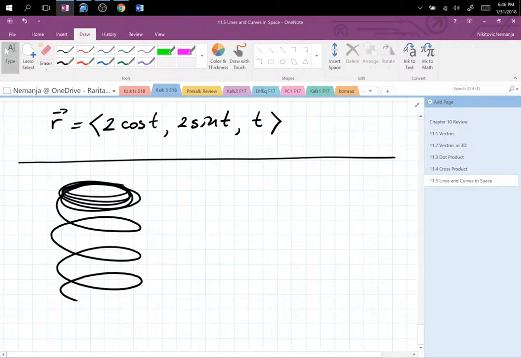You can make this helix not circular. You can make it elliptical. How would you make an ellipse? Would you change the coefficient in front of the cosine and the sine? Yes. So they are not allowed to be what? Zero. Yeah, they can be 0, but they are not allowed to be what?